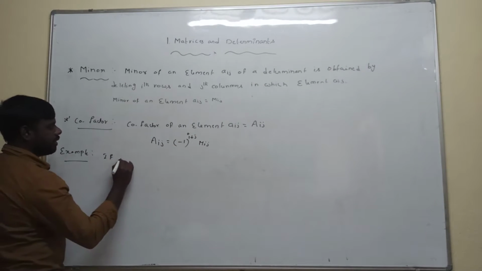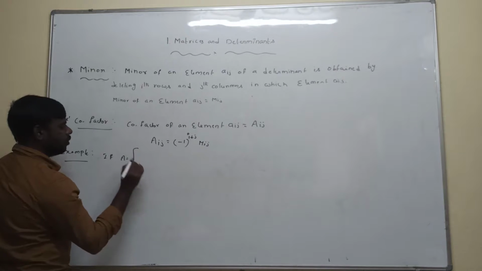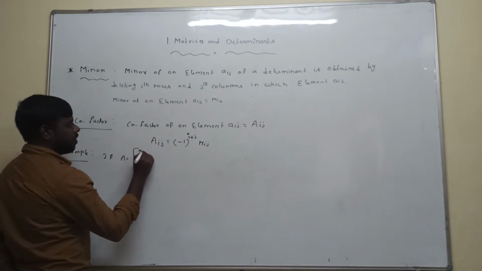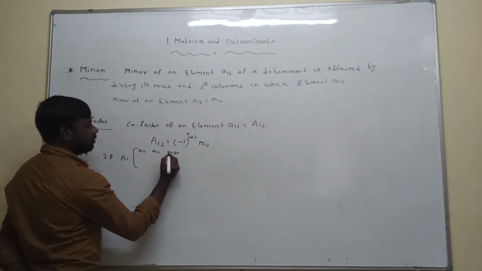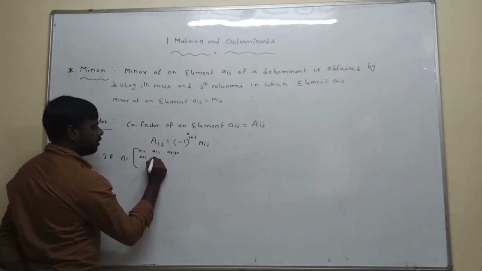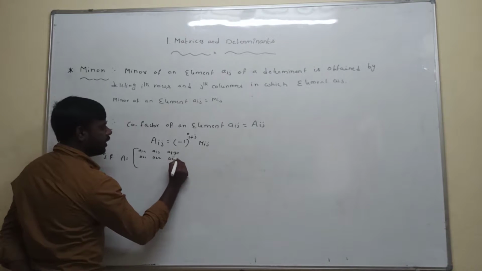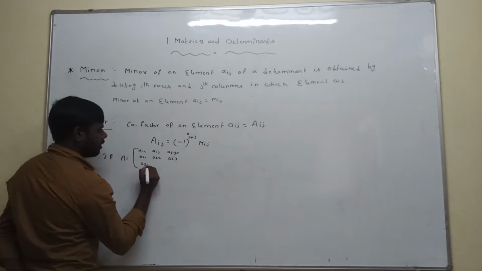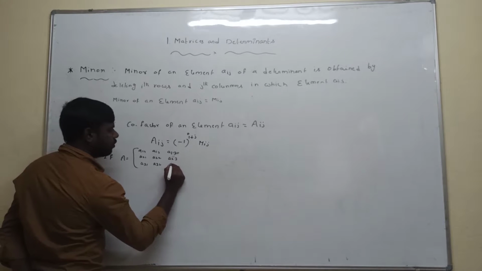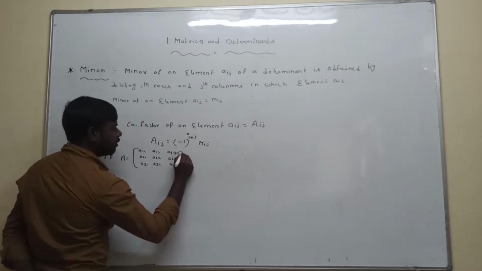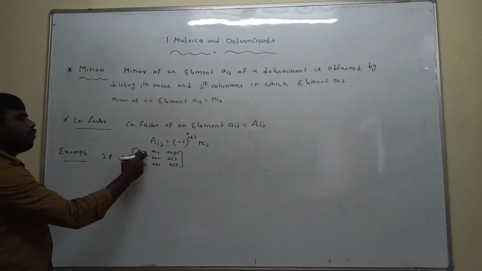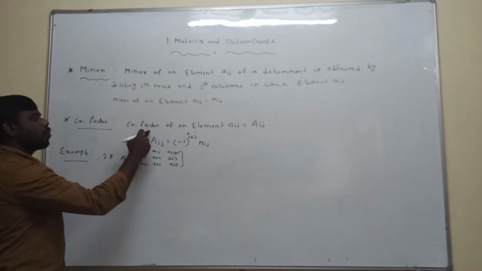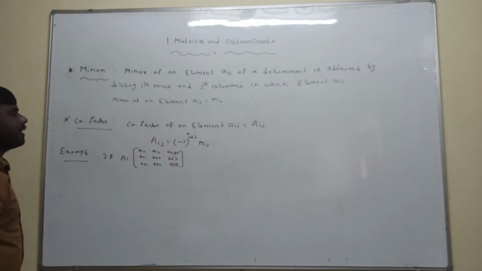Suppose capital A is equal to the matrix A11, A12, A13, A21, A22, A23, A31, A32, A33. To find the cofactor, we need to calculate every element of the cofactor.